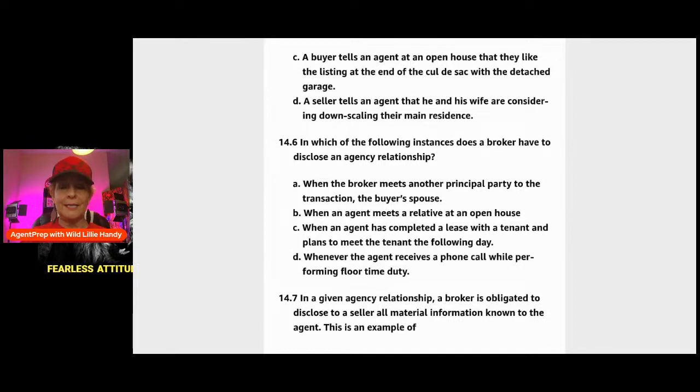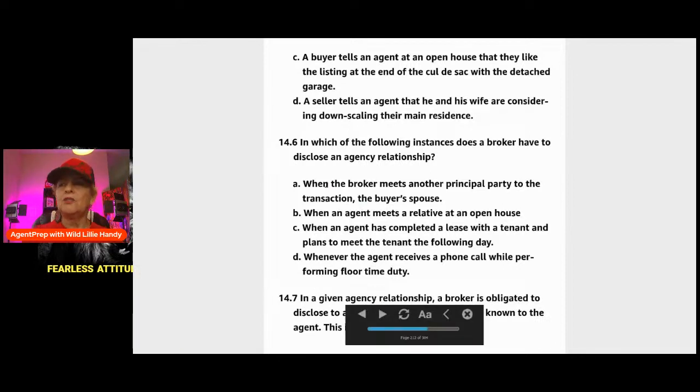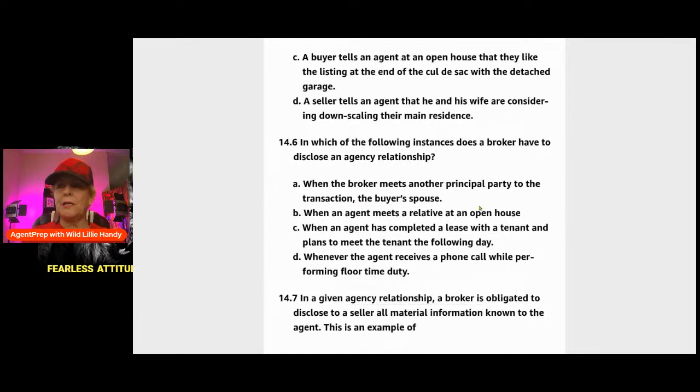Well, it is not B. The answer is A. When the broker meets another principal party to the transaction, the buyer's spouse. So if the buyer or spouse comes in, then they disclose an agency relationship. Hey, by the way, I have an agency relationship with you and your husband.